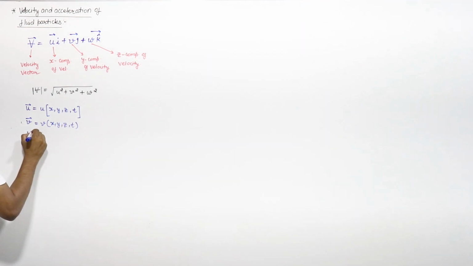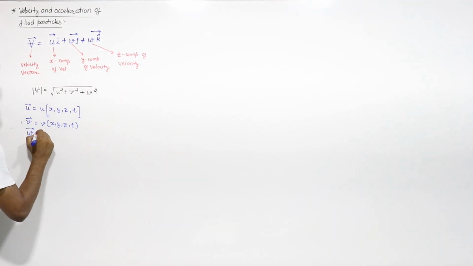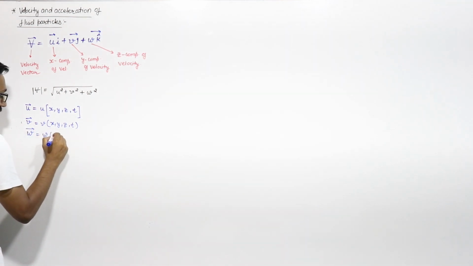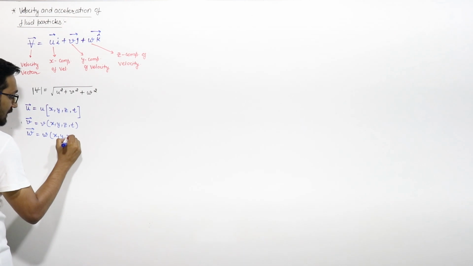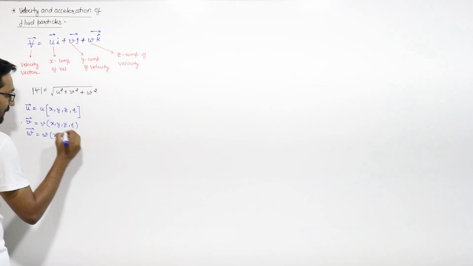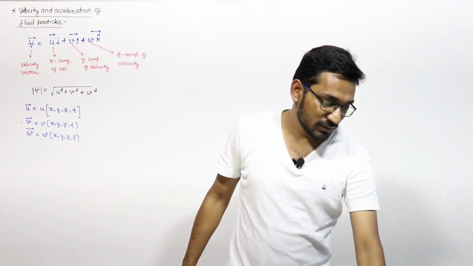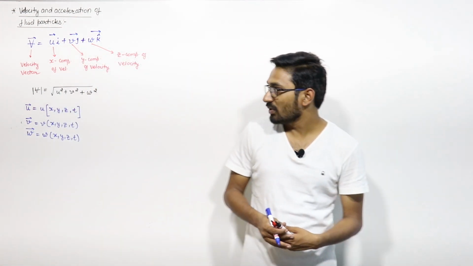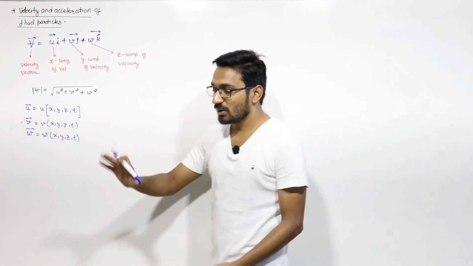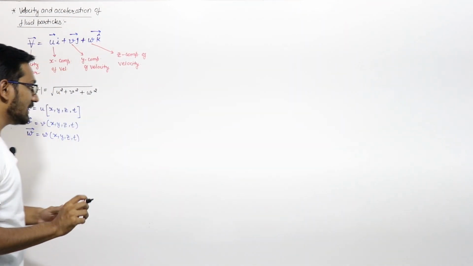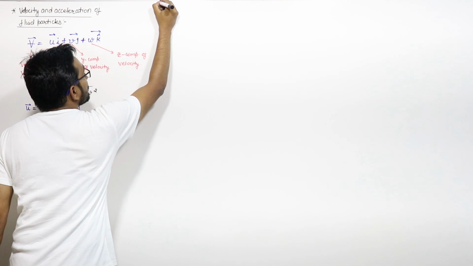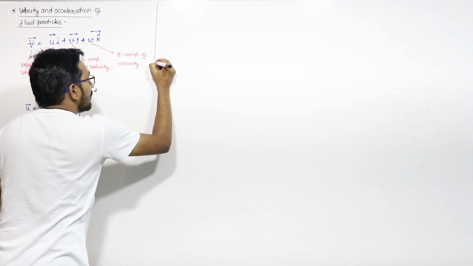And similarly, the z component of velocity is a function of x, y, z and time. We are not assuming steady or unsteady flow, we are just generalizing the equation so that they may vary with time and with space both.